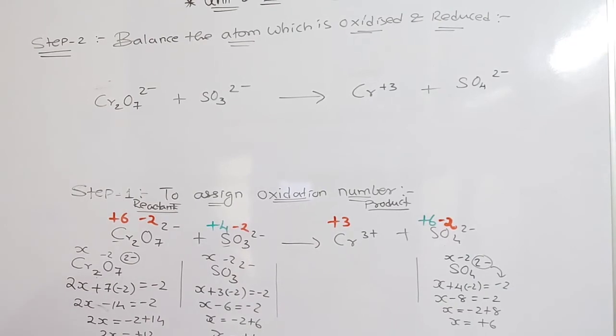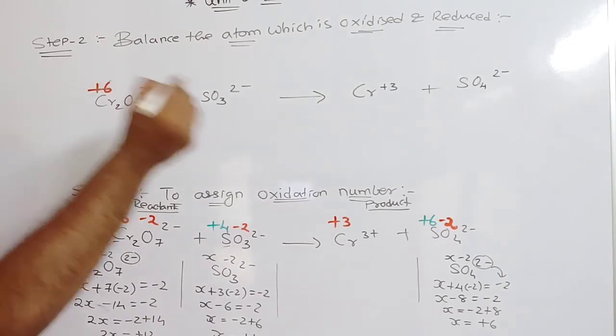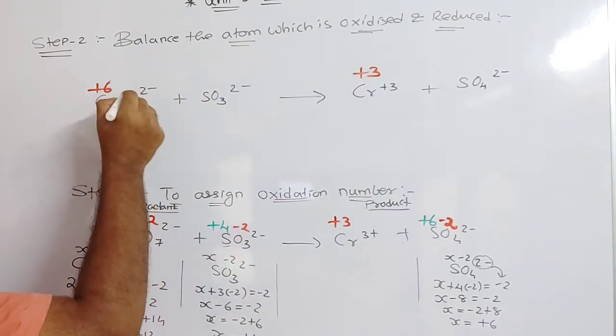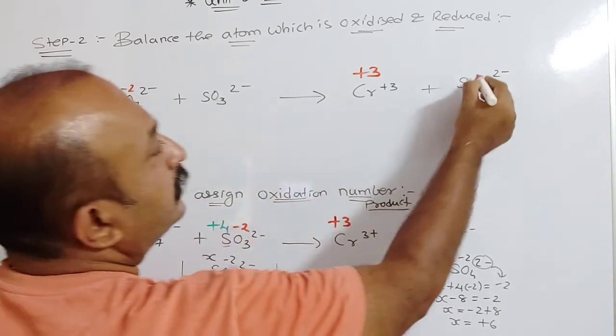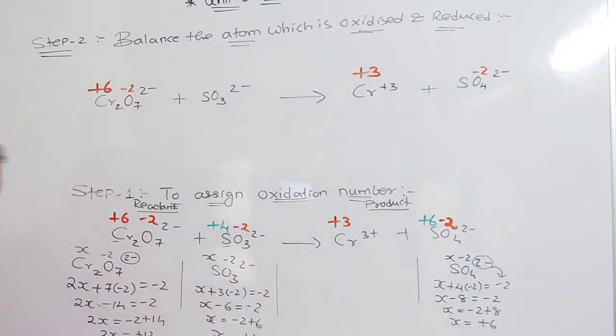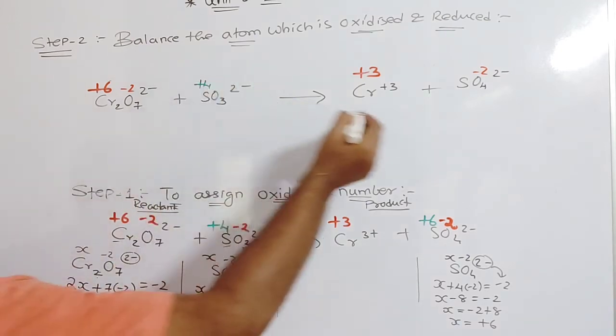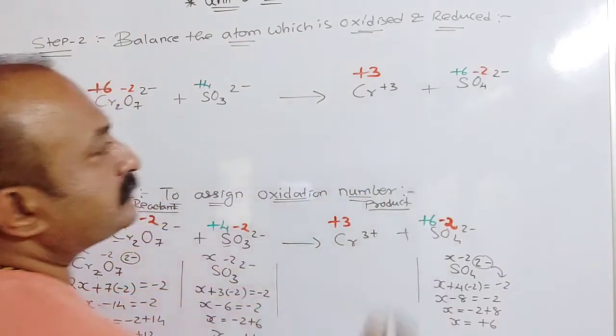Now I'll assign the oxidation numbers. Chromium was +6 here and +3 here. Oxygen is the same, -2, -2. Sulfur was +4 and here it is +6.